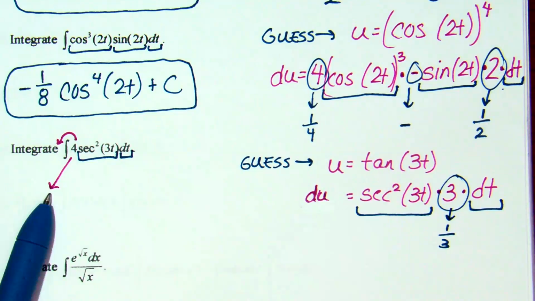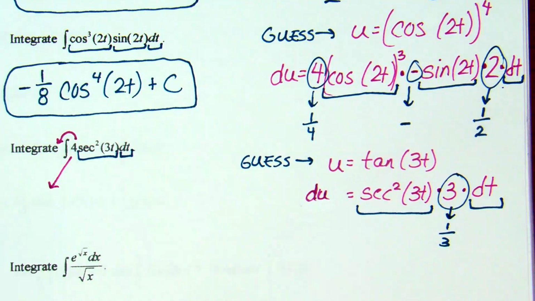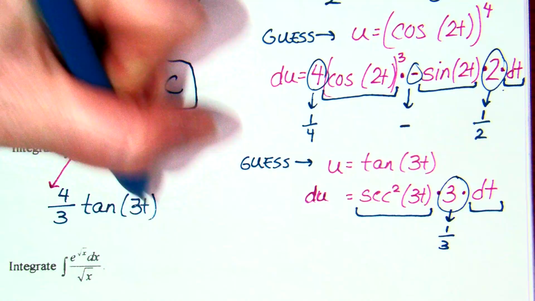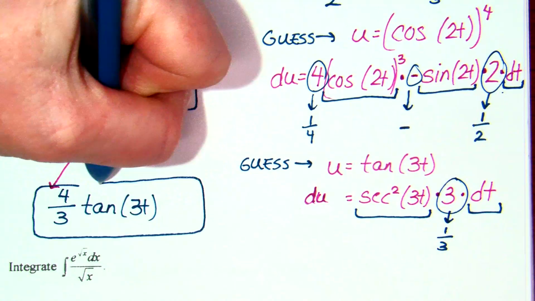Or, again, I like the idea of making my guess for tangent 3t and multiplying by 1/3. So 4 times 1/3 is going to make this 4/3 tangent of 3t, plus c, because we were doing an integral, if you recall.